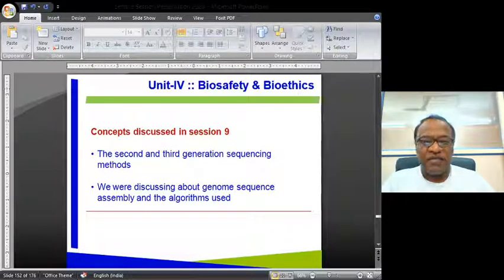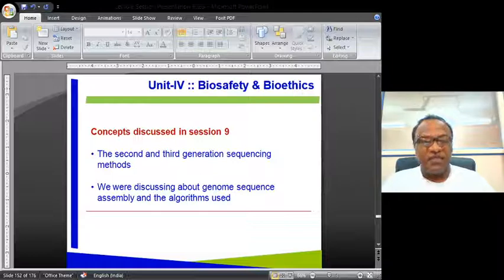If you look at the workflow of bioprospecting, it begins with genome sequencing, followed by assembly, and then gene prediction, annotation, and finally data sharing.